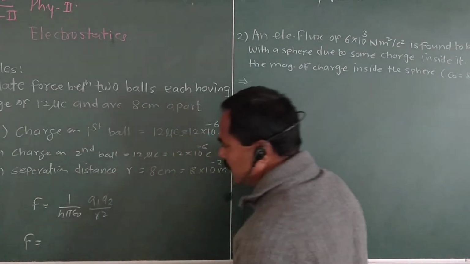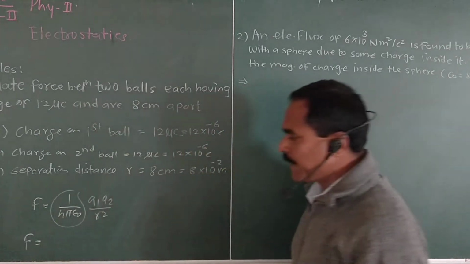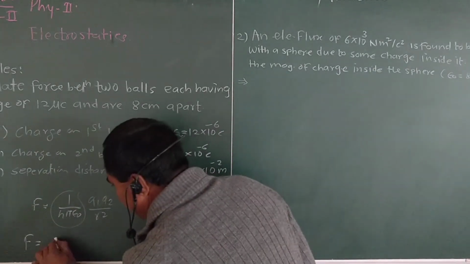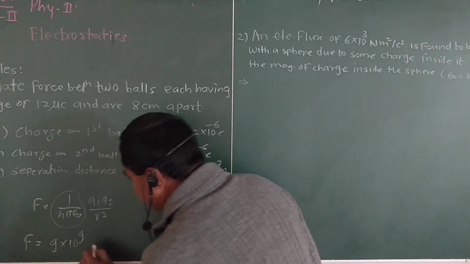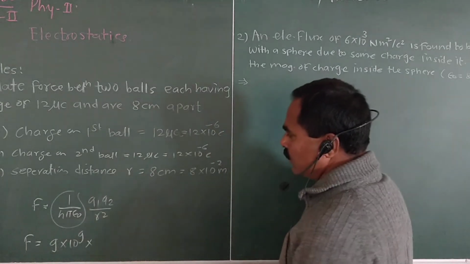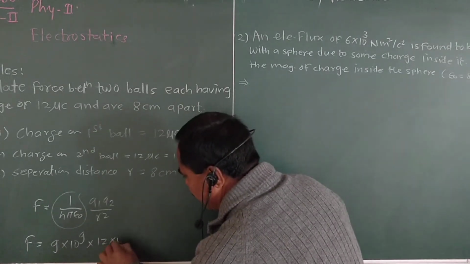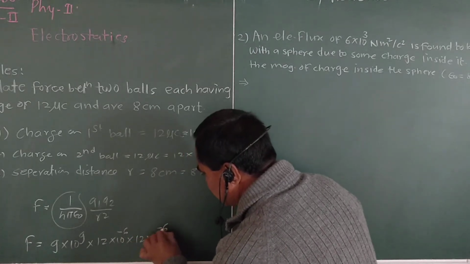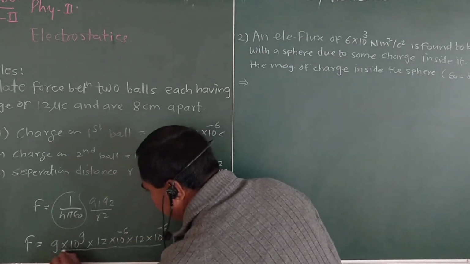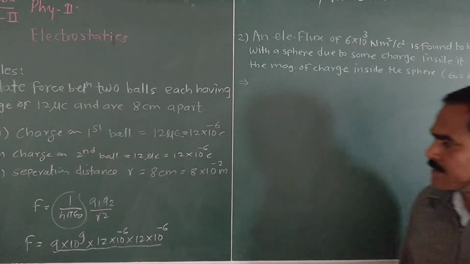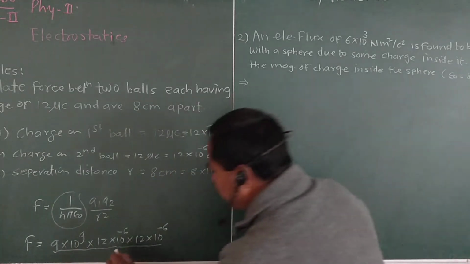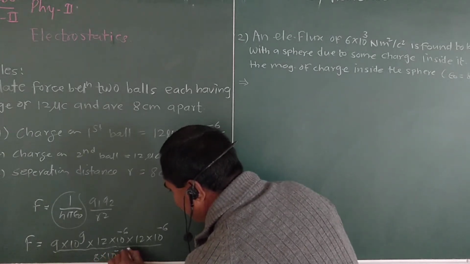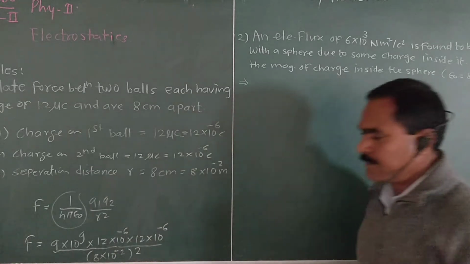F equal to, we substitute the value of 1 upon 4 pi epsilon naught, that is 9 into 10 raised to 9, into 12 into 10 raised to minus 6 into 12 into 10 raised to minus 6, divided by the square of the distance, here 8 into 10 raised to minus 2 bracket square.